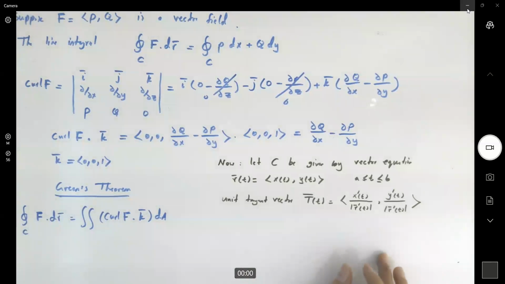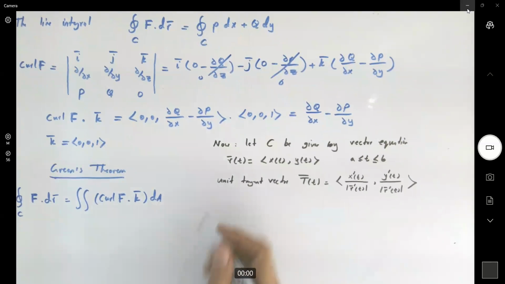Using the unit tangent vector, we can create the outward unit normal vector. These are the things that you learned in elementary calculus.